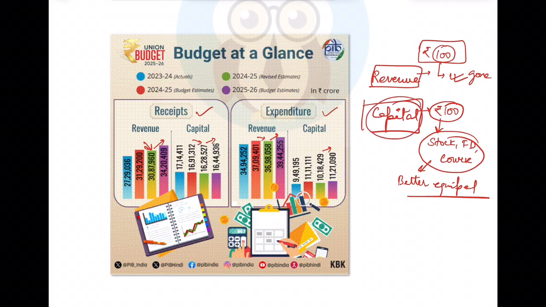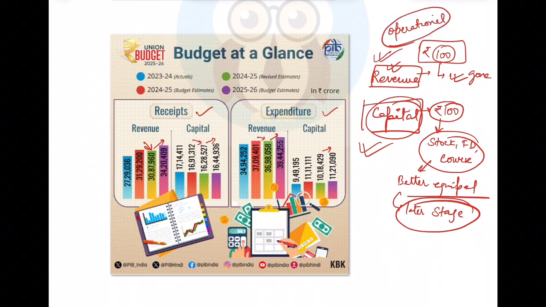You will get a return at a later stage. So actually capital expenditure is good when compared to revenue expenditure, but revenue expenditure is still important to run the government. These are the operational costs like pension, salary, and all that. So revenue expenditures are very important.